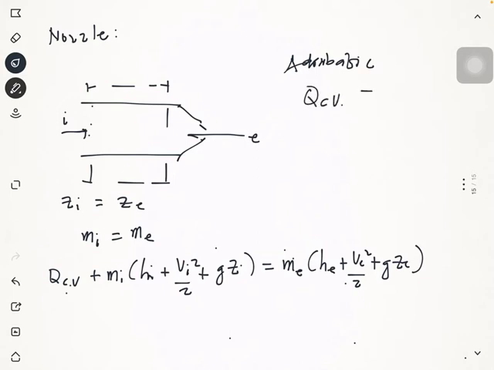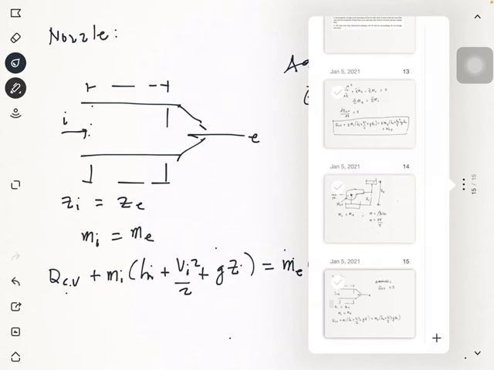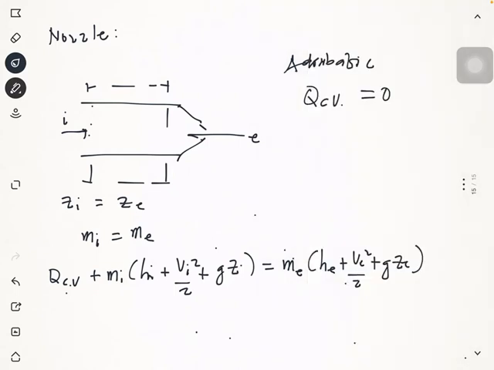Take note that the mass entering is equivalent to the mass leaving here. Another thing, z_i here is equivalent to z_e, so this can be cancelled.